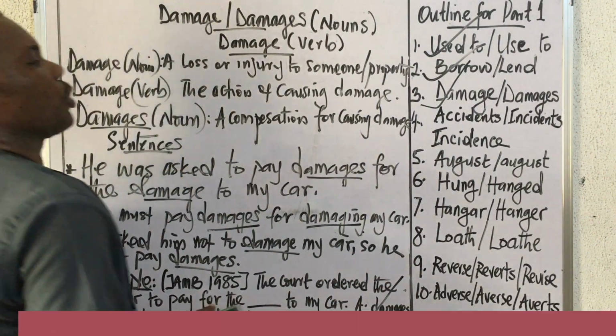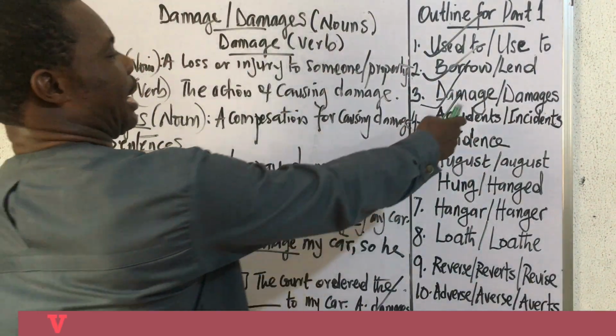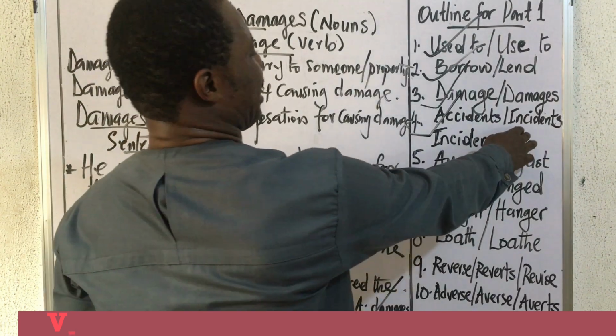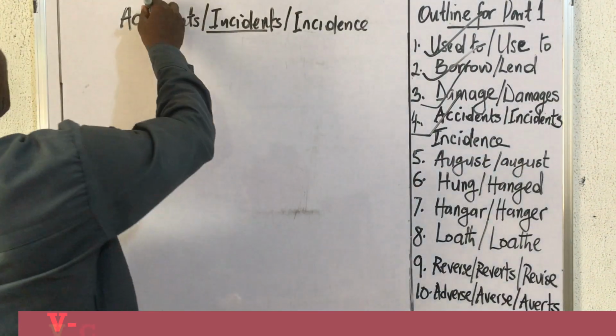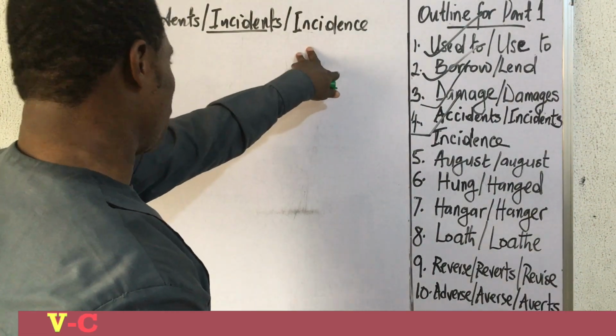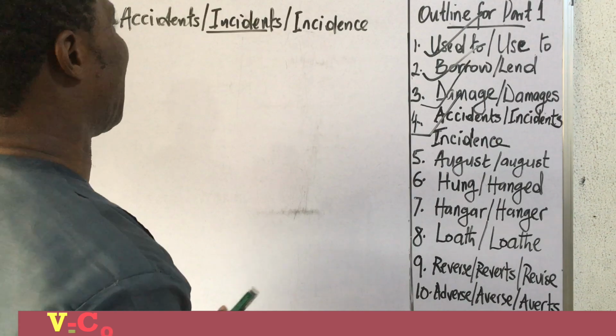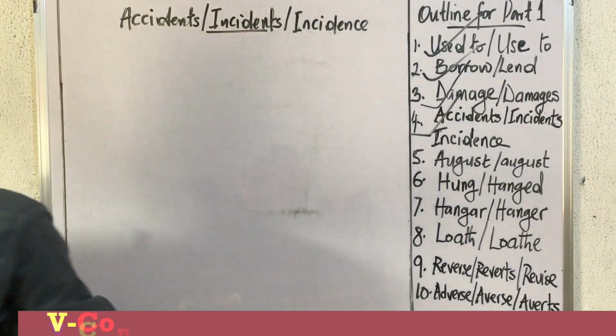Now let's move forward to the next set of words, which is accident, accidents, and incidents. You have to be very careful with these words, especially these two last ones that sound alike, that are homophones. What is the meaning of accident?